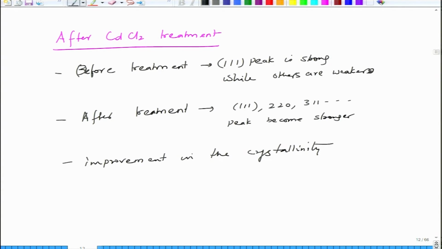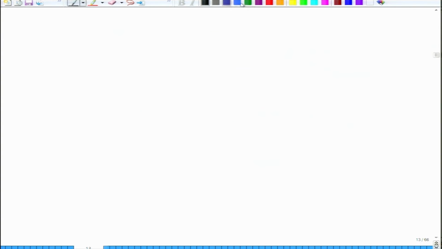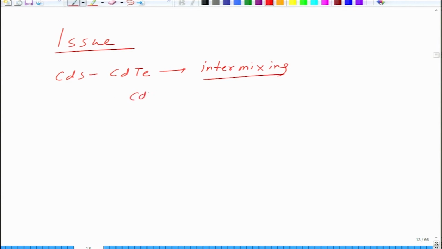There are issues, as I said. The issues are, since you have CdS and CdTe, there is an issue of intermixing when you do the heat treatment. They tend to make an alloy CdTe_xS_1-x. So this has to be prevented from formation. So basically it consumes CdS.